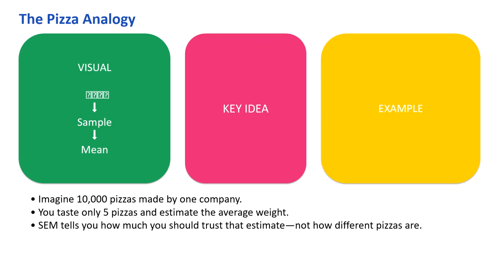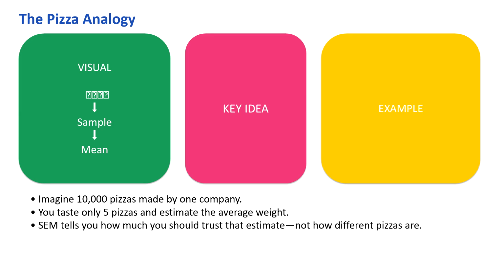Because it's difficult to weigh 10,000 pizzas. Of course, it's not impossible, but it's difficult, right? So you randomly choose 5 pizzas, weigh them, and calculate the average. So the important question is not just what is the average, but how much can I trust this average? And that question is exactly what the SEM answers.